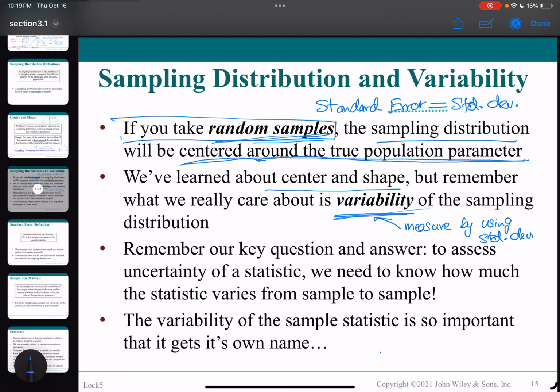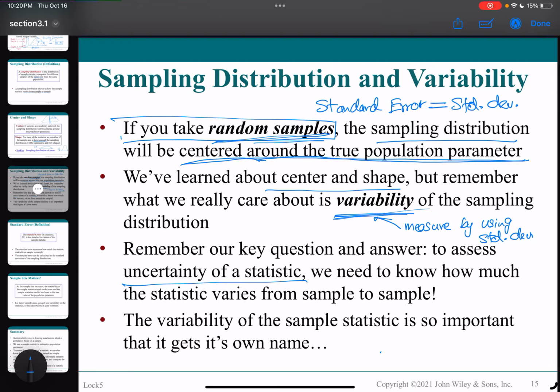This measure, standard error or standard deviation, can measure the uncertainty or the variability. In other words, we can tell how far it spreads out from the center. We are trying to address the uncertainty in this statistic, the sample measurements.